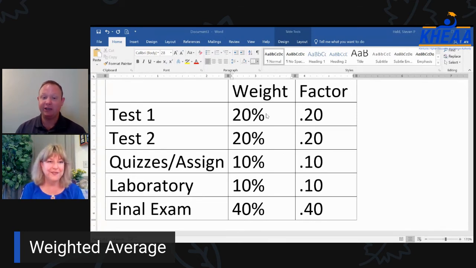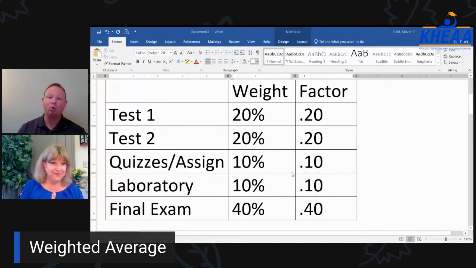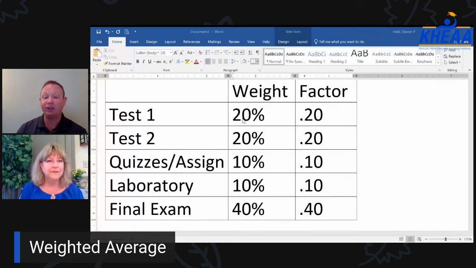The weight of each one of those was 20%, 20%, 10% for the quizzes, 10% for the laboratory, and 40% for the final exam. If you look, that equals 100%. It's all going to equal 100% because 100% is the highest percentage you can get in a class, right, Tony? Right. Now we're going to turn that weight into a factor. This weighted factor is just like you learned in high school: we're turning a percentage into a decimal.